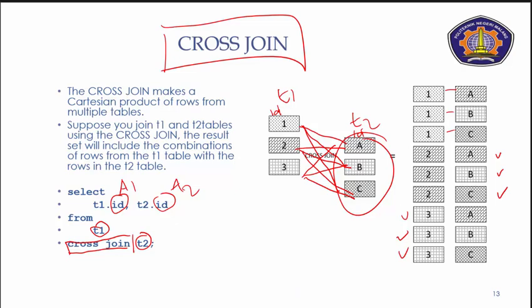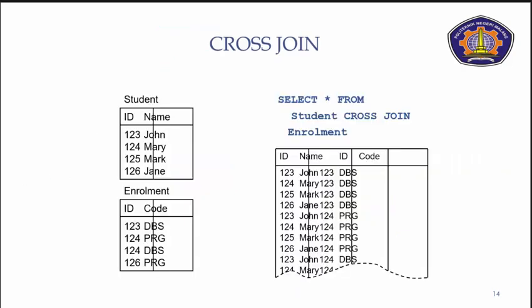Here is another example: select star from student cross join enrollment. We have two tables, a student table with attributes ID and name, and an enrollment table with attributes ID and code. If we cross join these two tables, we select ID and name, ID and code. Because we cross join it, we mix it all.